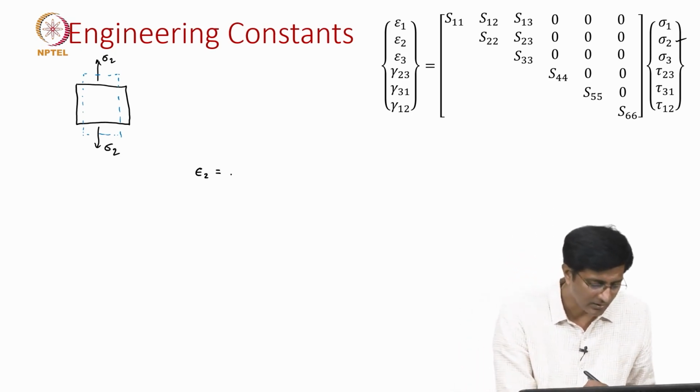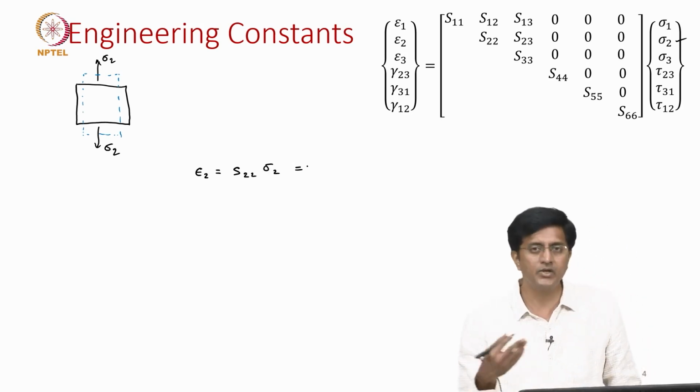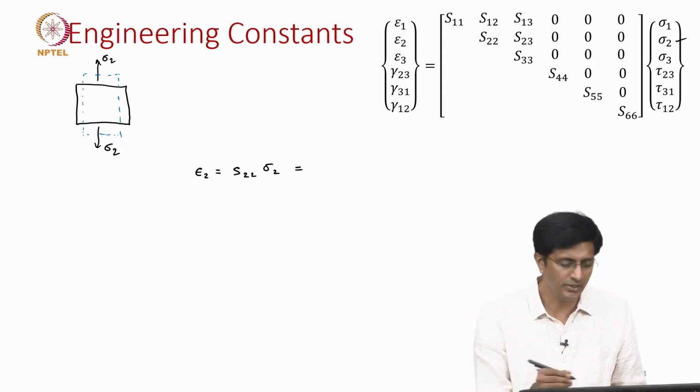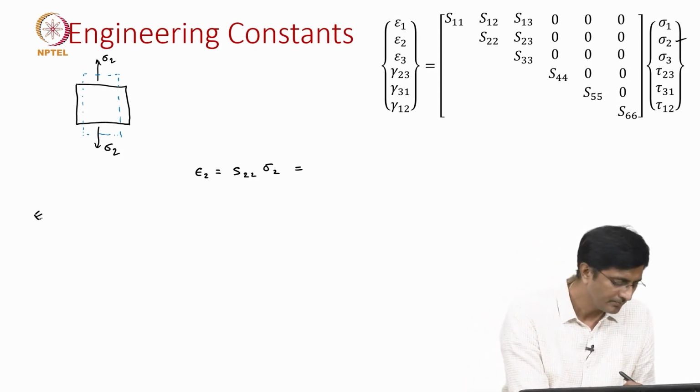So we can write epsilon 2 as S22 times sigma 2. Once we bring in the elastic constants, here I can bring in the elastic constant E2, where I can say it is sigma 2 by epsilon 2.